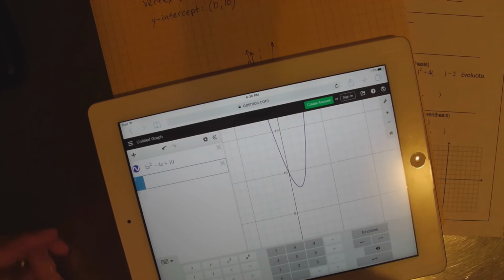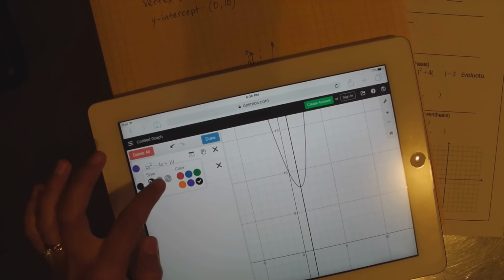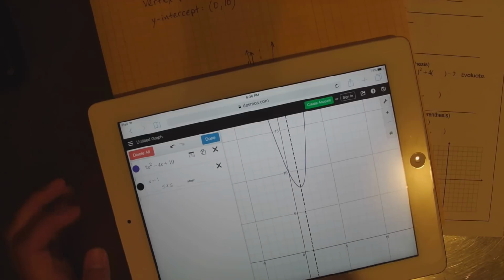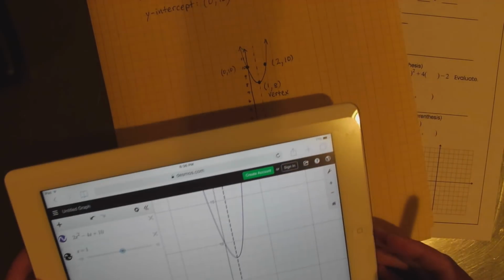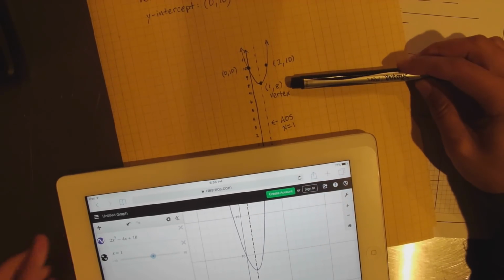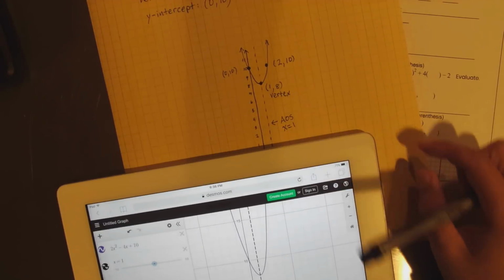We can also type in our axis of symmetry, which is x equals 1. And I just want to change that line to dashed, just so it's accurate. So that's what our graph should look like, and we checked our points using Desmos to confirm that it is 1, comma 8 and 0, comma 10.